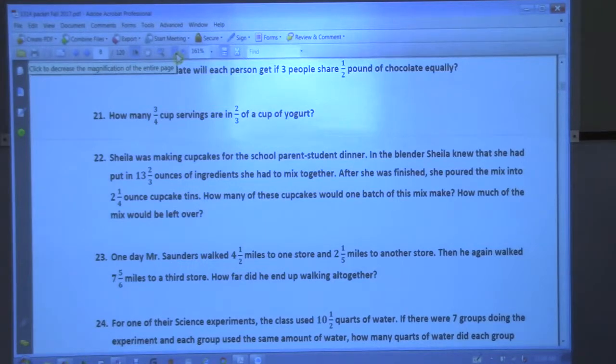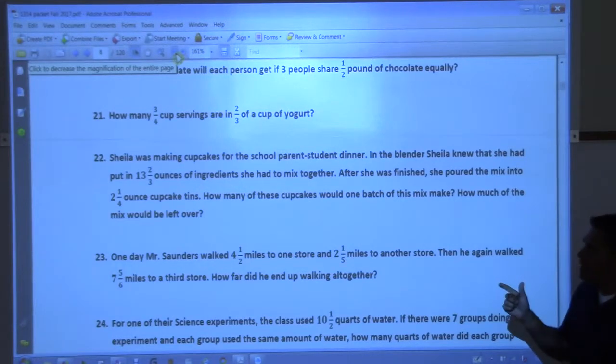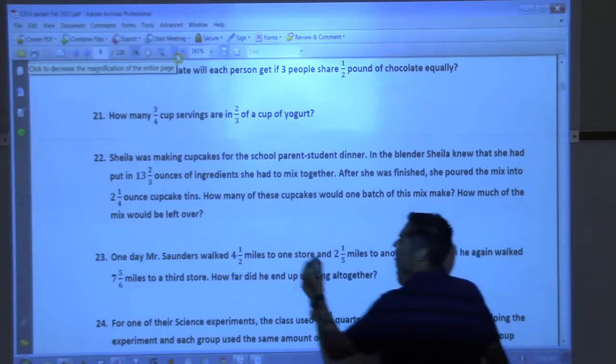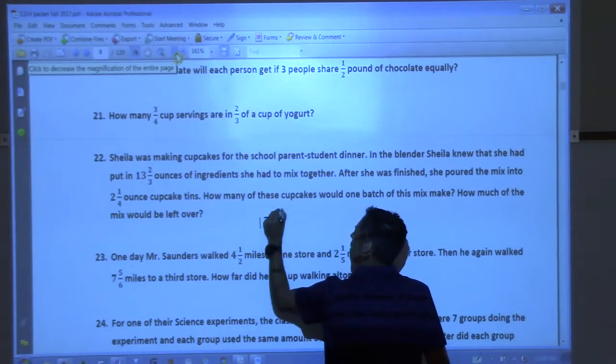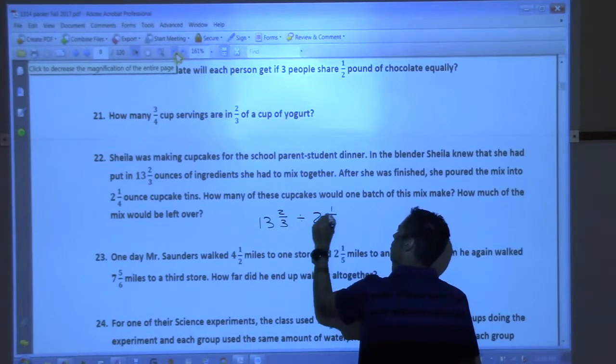Okay, so do you want to try other numbers or do you want to just stick with it? You sure? Okay, so what is the operation that you're doing? You're dividing what into what. You're taking 13 2/3 and dividing it by 2 1/4.